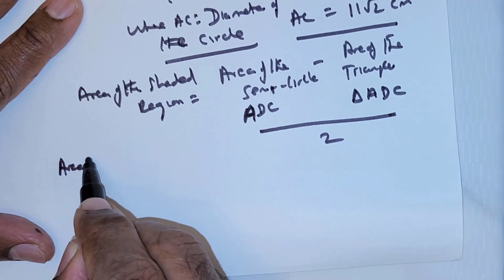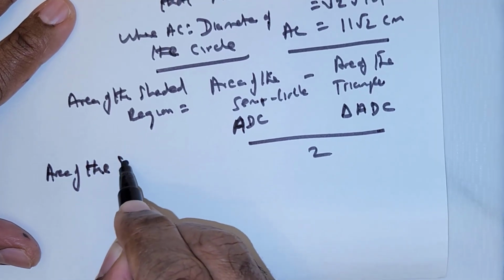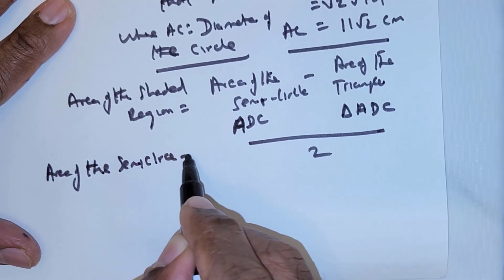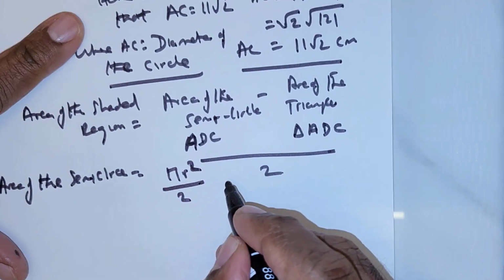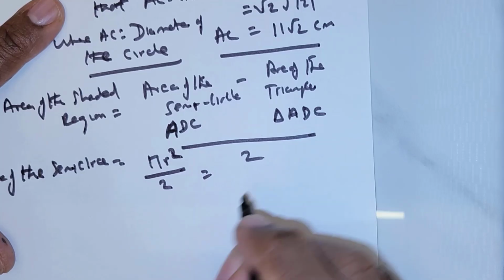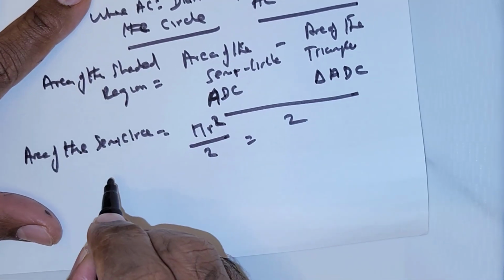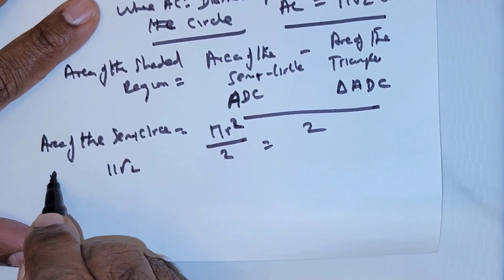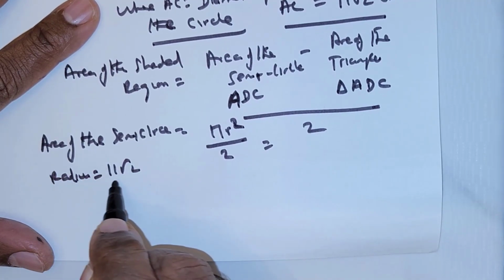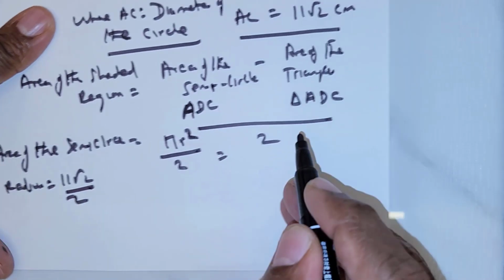So now the area of the semicircle, what is it? Area of the circle is pi r squared. Semicircle is divided by 2. The diameter is 11 times root 2, so the radius is going to be divided by 2.